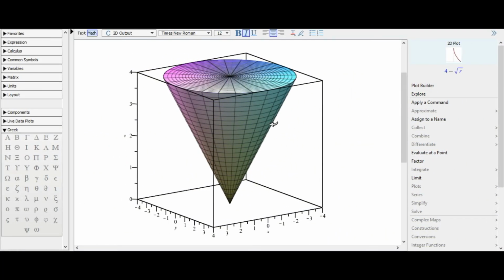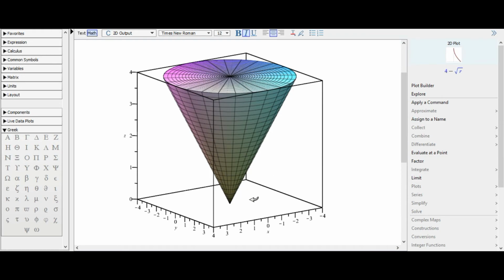Back to the question, the plotted diagram obtained is actually an inverted right cone with a circular base at the top of the diagram and a vertex at the bottom of the diagram.